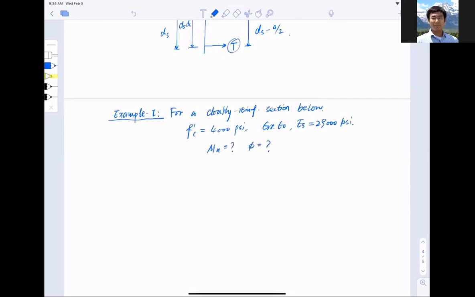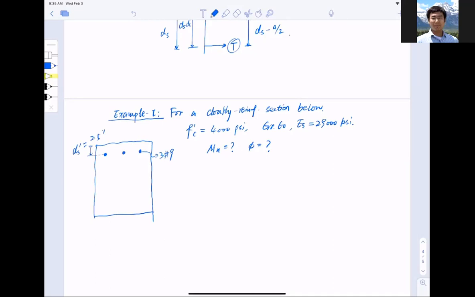So what does the section look like? It's the typical rectangular section, nice and easy, with top compression reinforcement of, you guessed it, three number 9 bars, my favorite. The concrete cover, or ds prime, is equal to 2.5 inch.